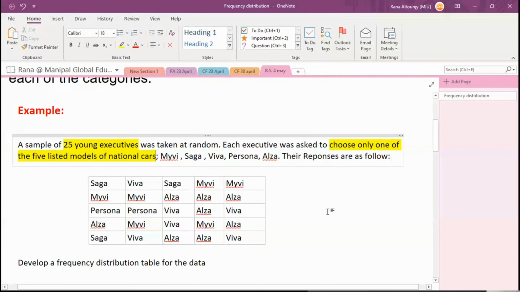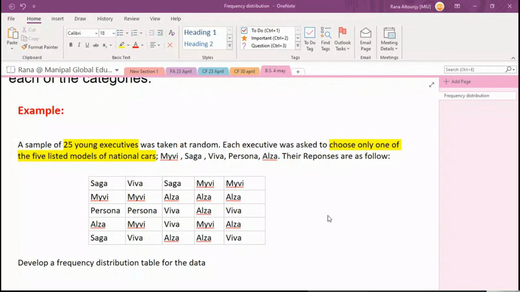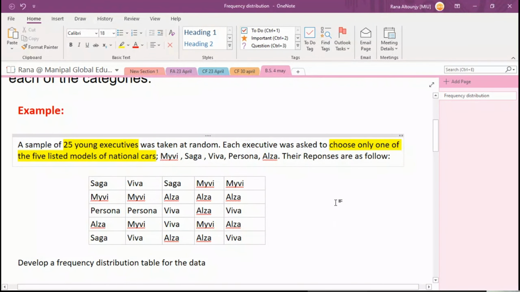So each one of them chose only one of those models, and here we have 25 answers. You are requested to develop a frequency distribution table for the data.